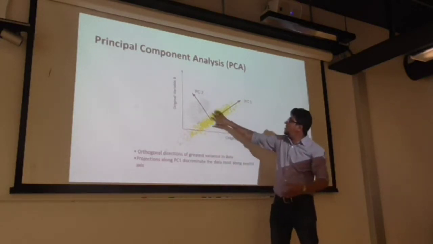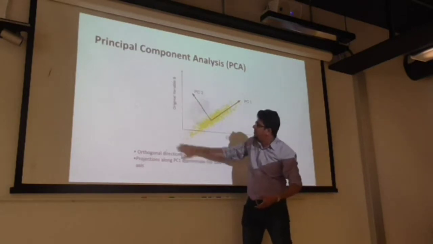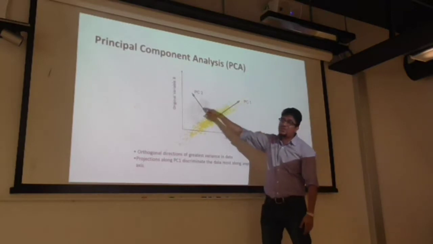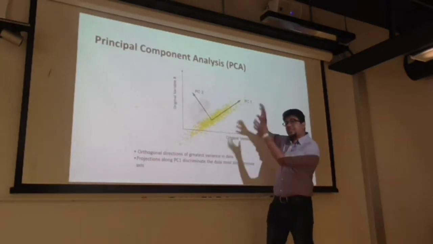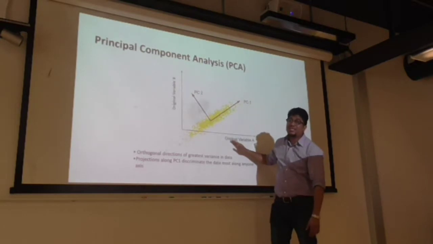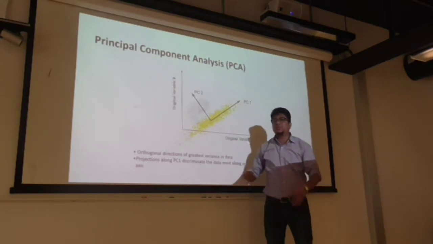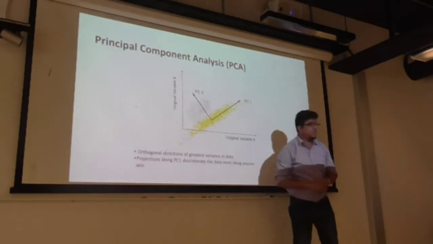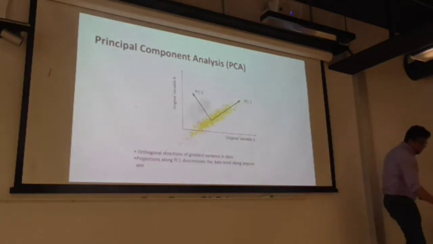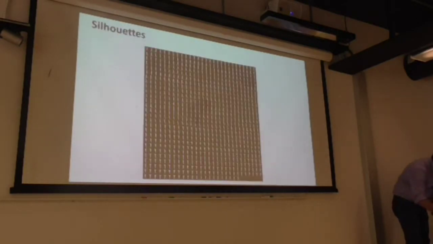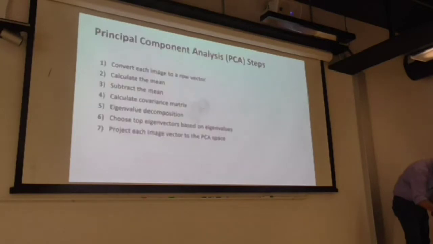Here, the original data was in the original coordinate system. Now, when we find the principal components and project onto them, this becomes our transformed coordinate system. That's basically what we do, the projection in principal component analysis. So, if I go a little bit more, I think, there.